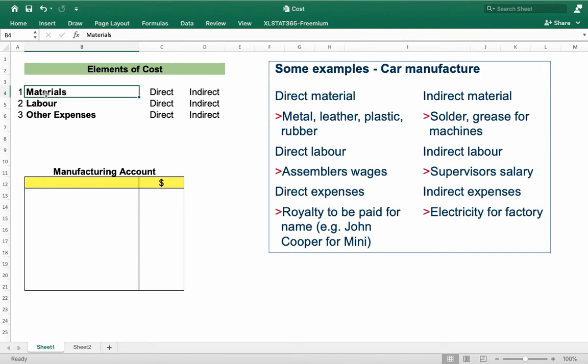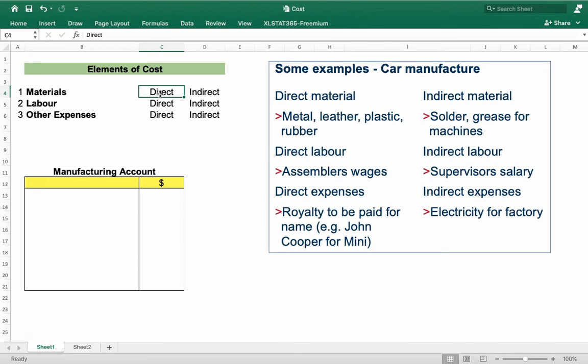Like material, further I am classifying into category direct and indirect. Direct material means which we can relate with the product. Let me give you an example.